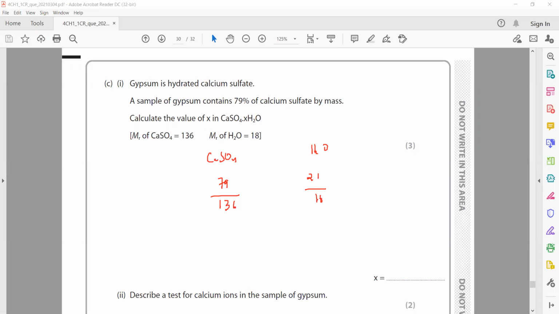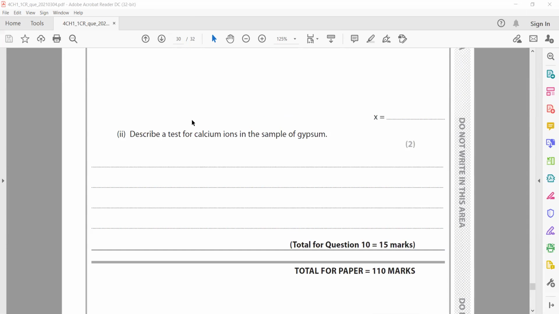So 79 divided by 136 will be 0.58, and this will be 1.17. Divide by the smallest value to find the simplest ratio. When we divide, this will be 1 and this is 2. So the value of X, the number of water molecules, is 2. X is the number of moles or molecules of water.